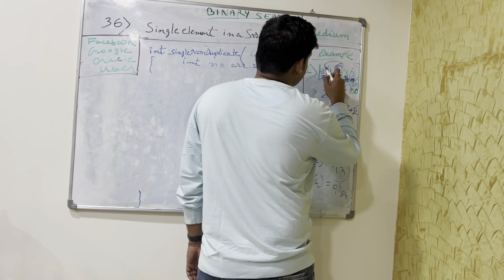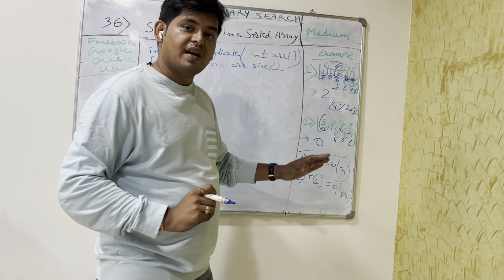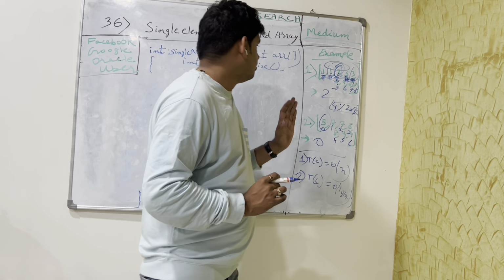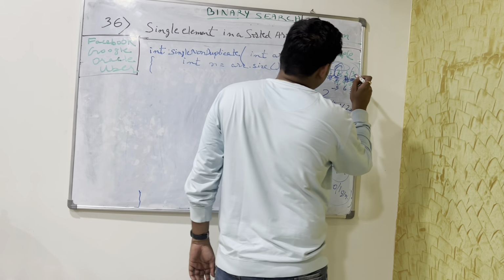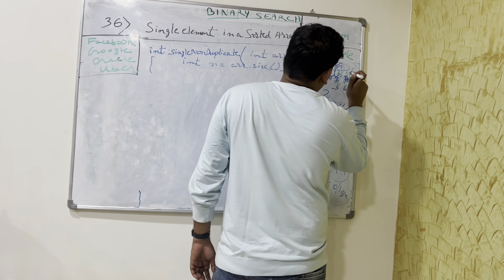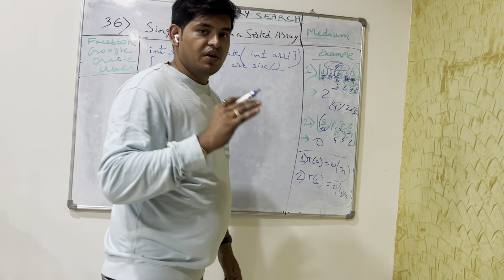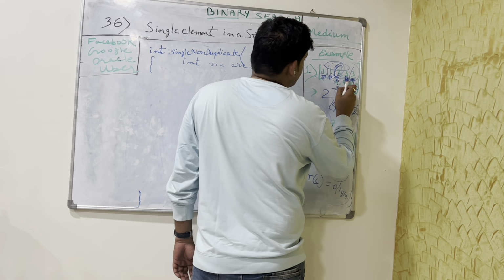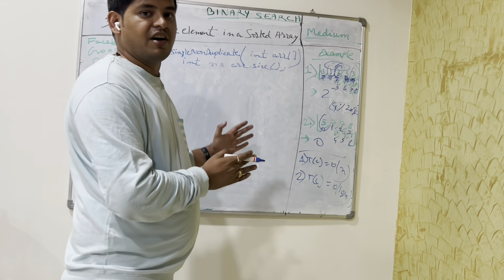That means there must be some element over here which is not equal to its previous element or its next element according to its position. So we understood that since it is equal to its previous element and mid mod 2 is equal to 0, that means we need to search in the left half.